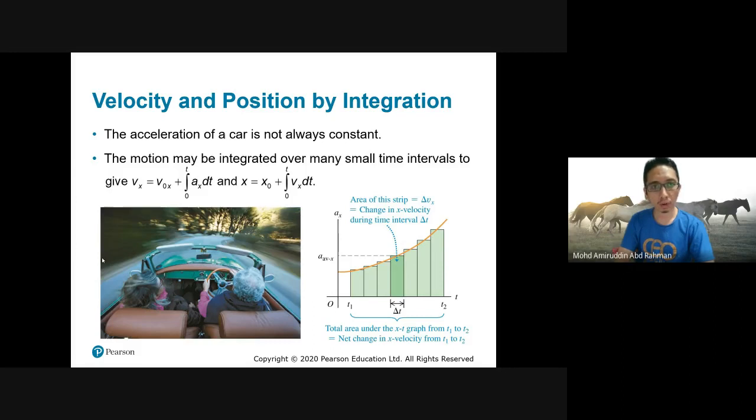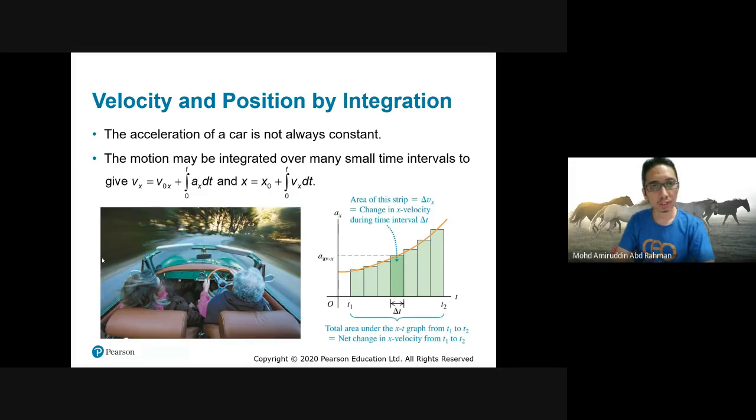Okay, so we have the equation. Before this, we note that we already have the velocity and position, and we want to know the acceleration. So we just do the differentiation, dx of the vx, and we obtain that equation.